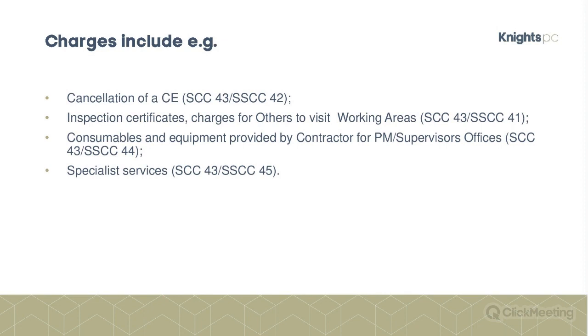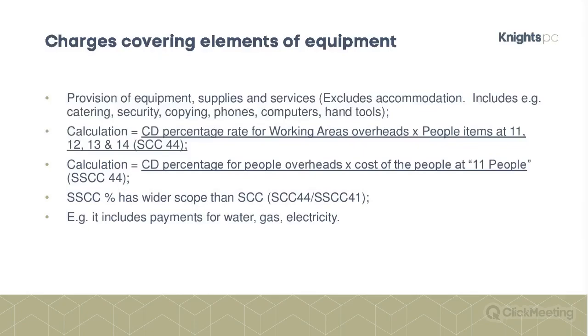So what does it include? It includes cancellation of a compensation event and the costs, third-party visits, certificates, etc., and other special services. I must admit, in claims, I must have come across charges having been claimed, but I don't think it ever really amounts to big sums of money.